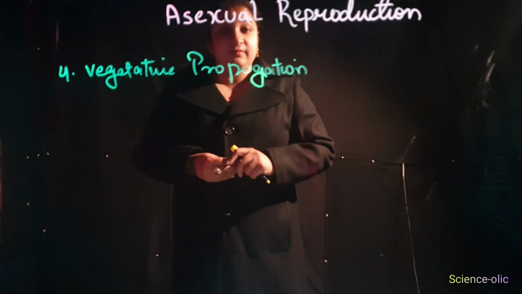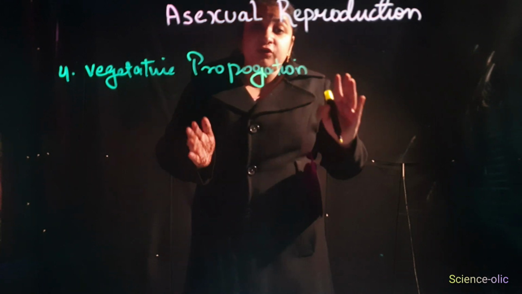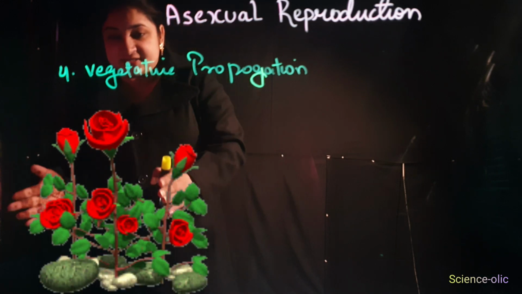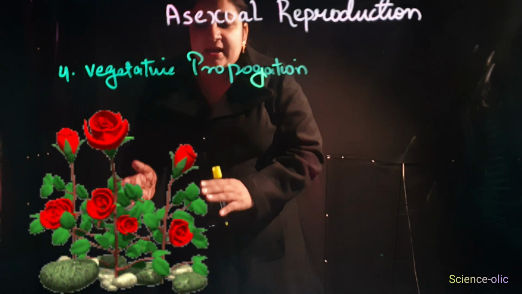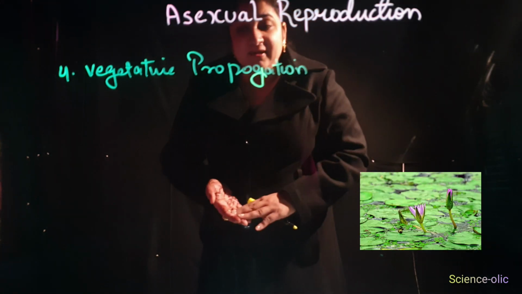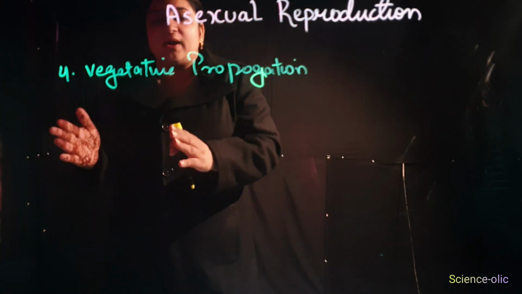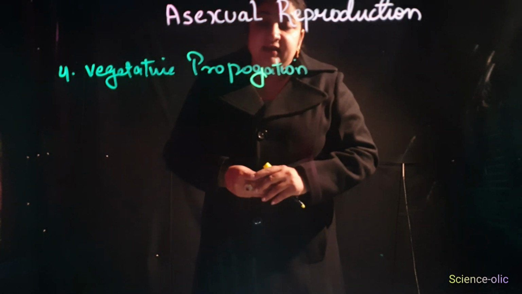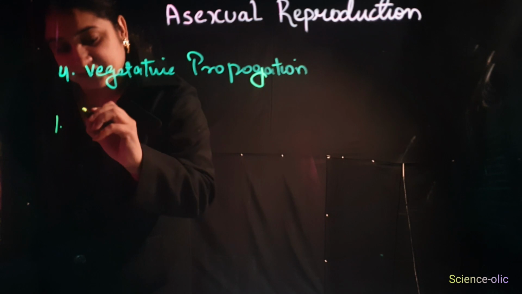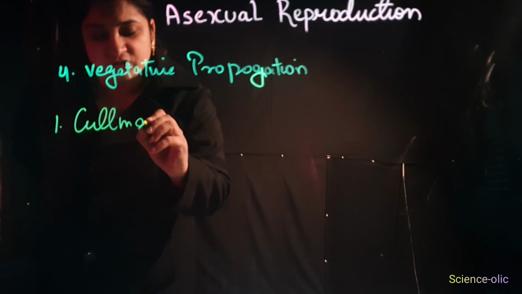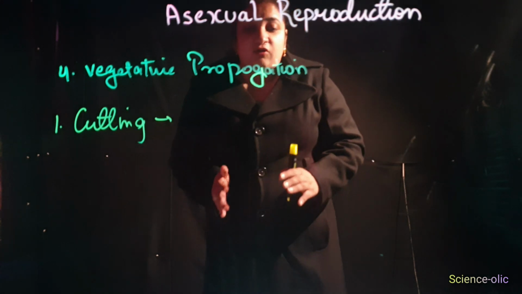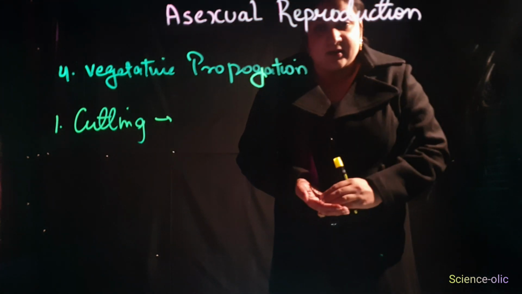Vegetative propagation means production of a new plant from its parts. Suppose this is a plant and it grows by its stem, root and buds and different parts. That is known as vegetative propagation. It consists of three methods. Number one is cutting. Suppose you cut a rose plant and then regeneration of a new rose plant will produce.